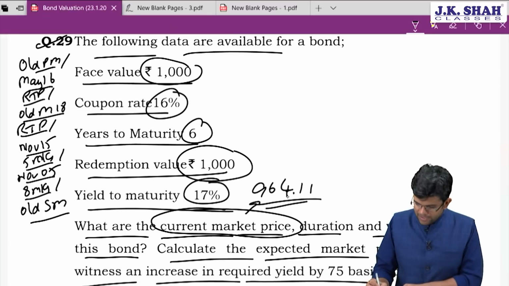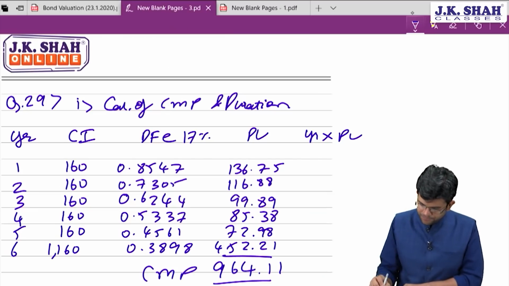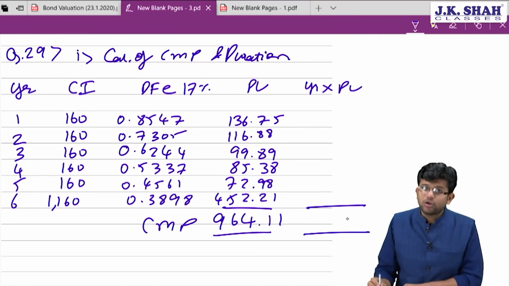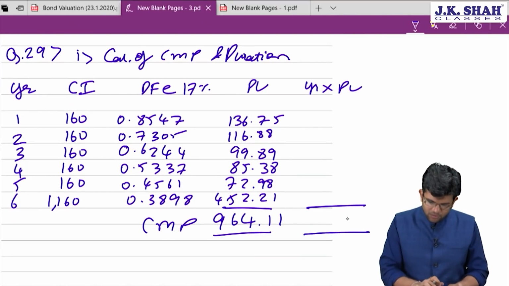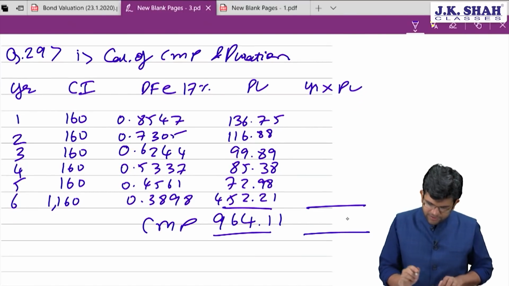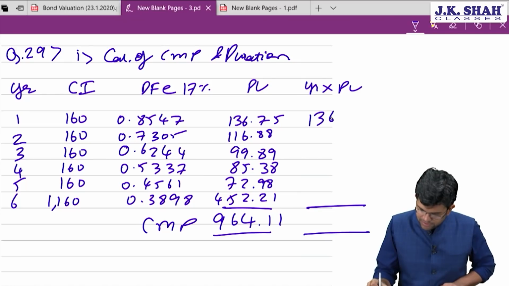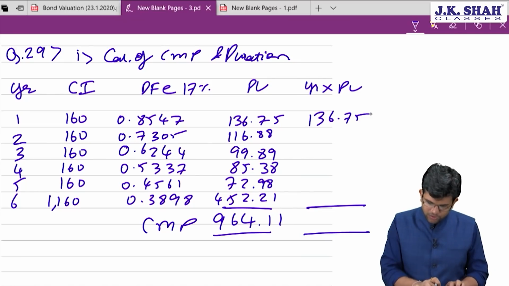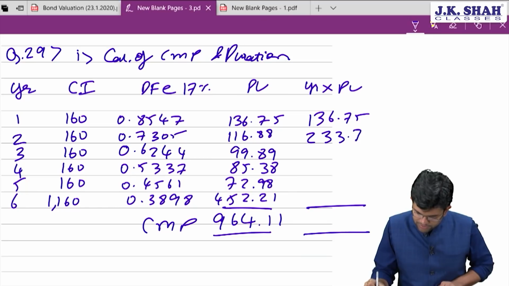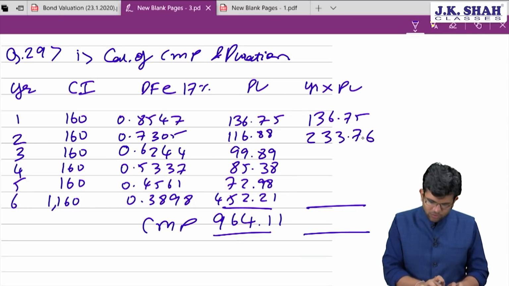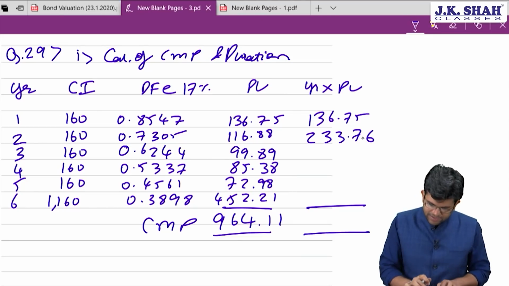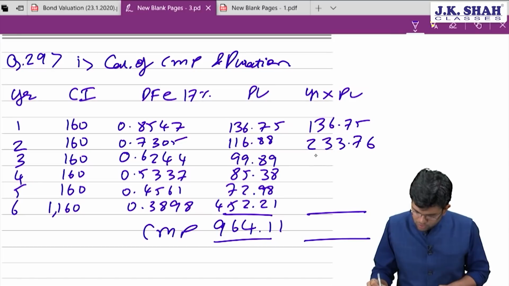Everybody following? Let's now go on and calculate duration. Students, duration, I'm very sure you know what to do now. Year into PV: 1 into 136.75 M plus, I'll write 136.75. 2 into 116.88 M plus, that is 233.76. Next is 3 into 99.89 M plus, that is 299.67.